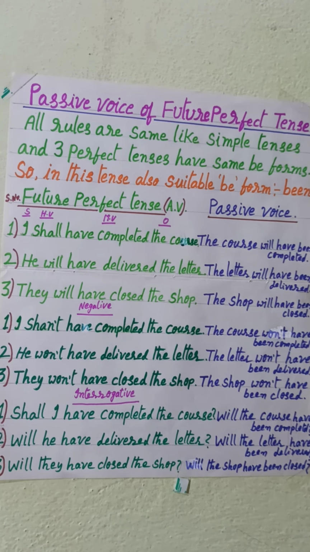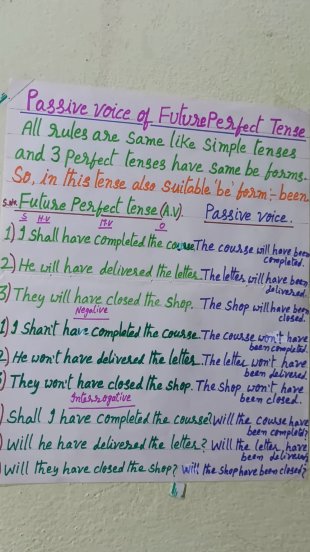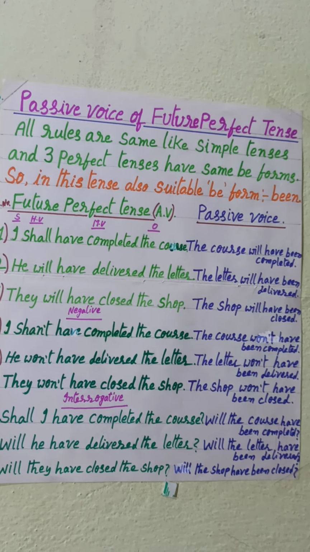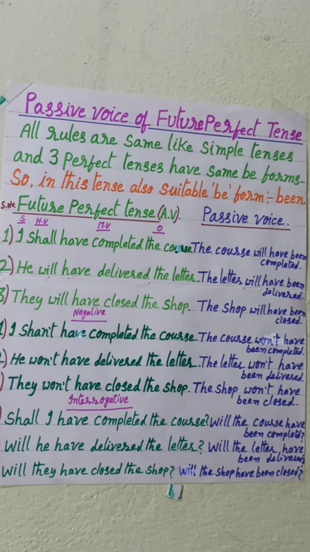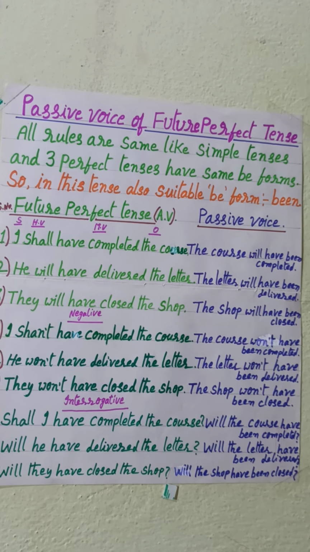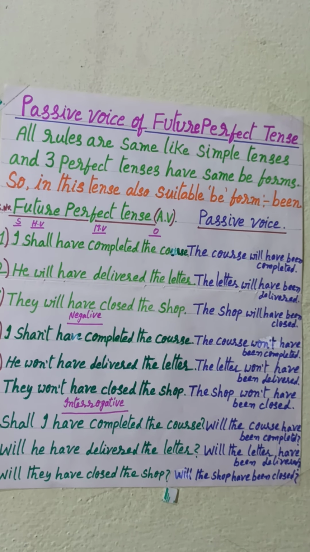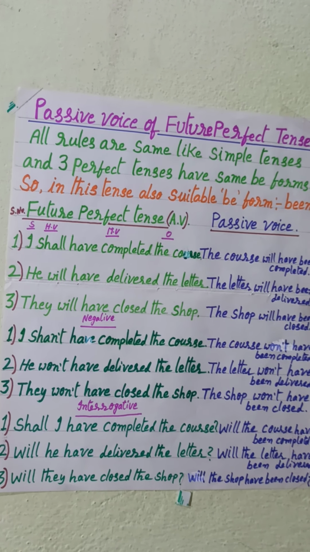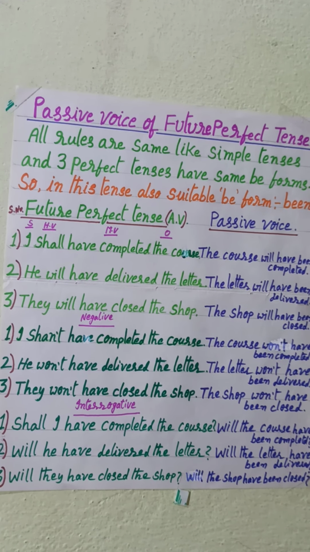Here, the course is third person singular, so we write the helping verb will. Will plus not is equal to won't. So the course won't have been completed. Second sentence: he won't have delivered the letter.